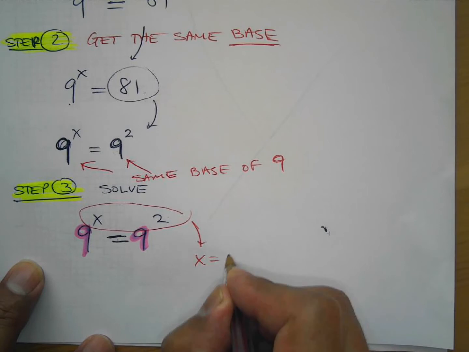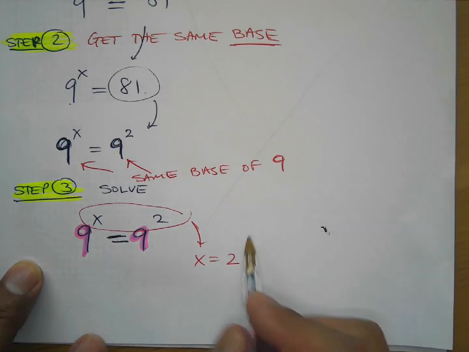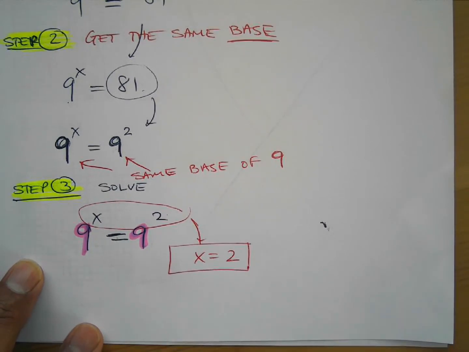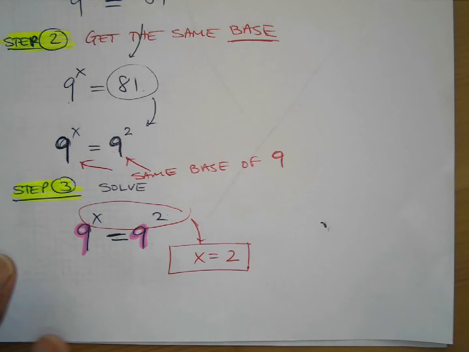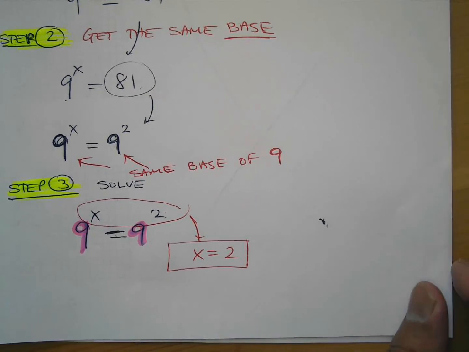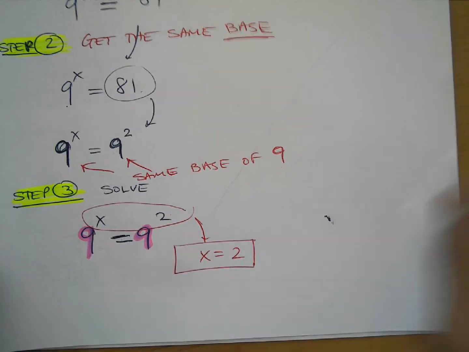X equals 2. That's the answer, x equals 2. All right, this was a simple one. The others won't take this long. Here I pretty much outlined and explained all the steps. Okay, here we go. Let's go to number 2.